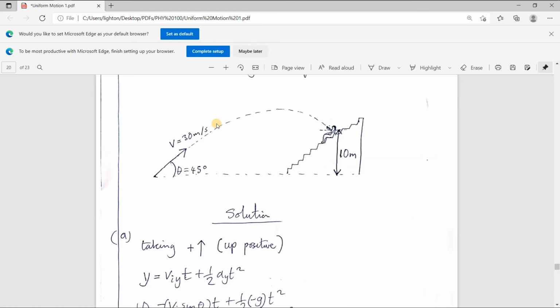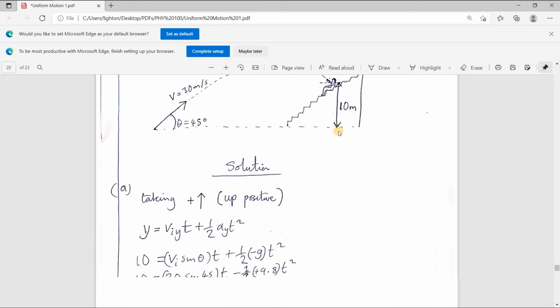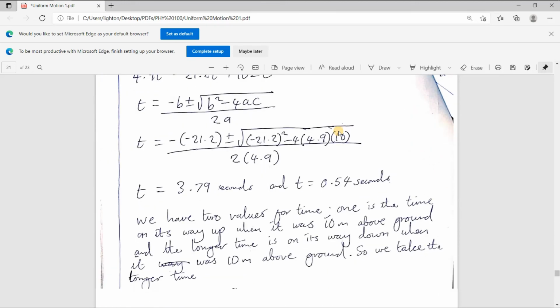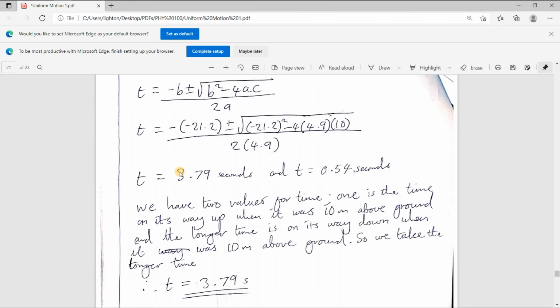Then it went further up, then started coming down until it reached again a point which is 10 meters. Now, this second point is the larger time, which is 3.79 seconds. So t equal to 3.79 seconds is the one which we want.